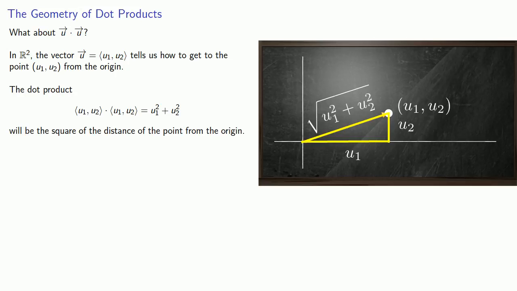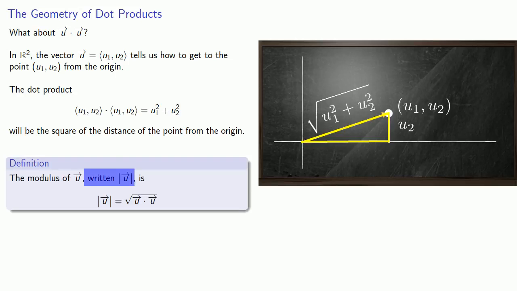Now, if we're thinking of the vector as a set of directions for getting from the origin to the point, then the distance of the point from the origin is in some sense the length of the vector. And so this leads to the concept of the modulus of a vector, written between these vertical bars.